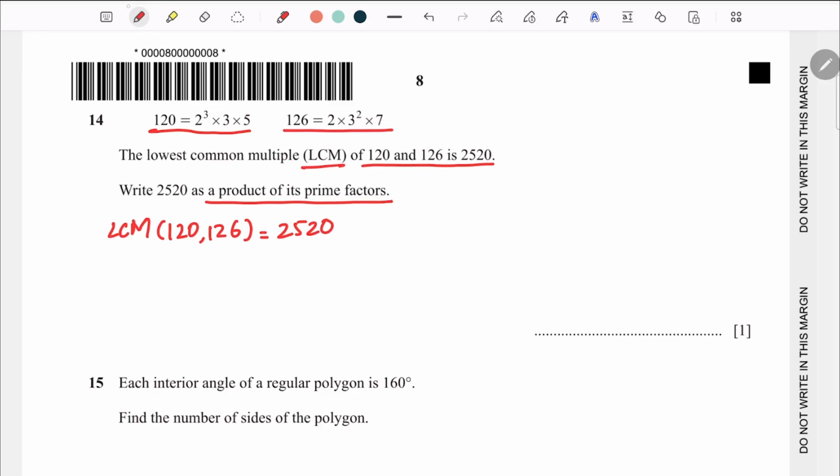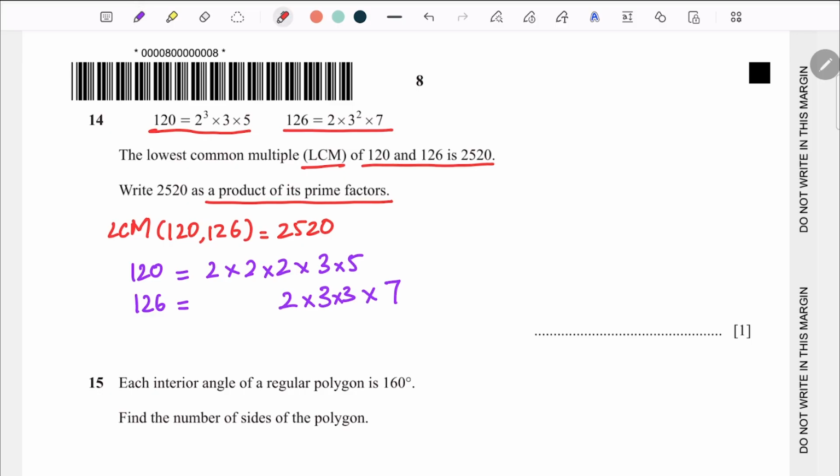And the question is also giving us the prime factorization of 120, that is 2 cubed, into 3 into 5. And for 126, it is 2 into 3 squared into 7.